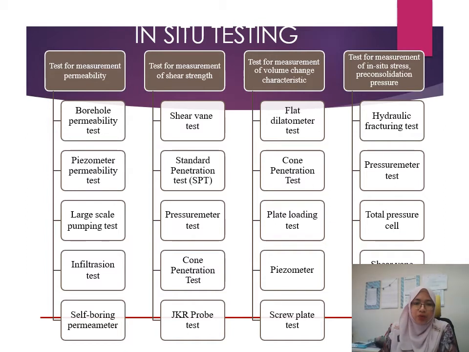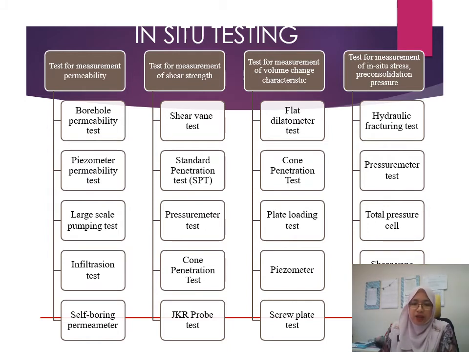We can also use the piezometer permeability test, a large scale pumping test using a borehole, the infiltration test and the self-boring permeameter. For shear strength, we can use the vane shear test.